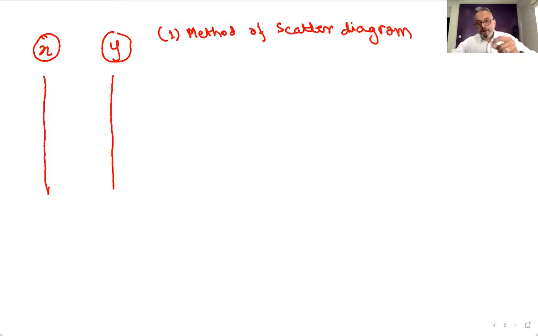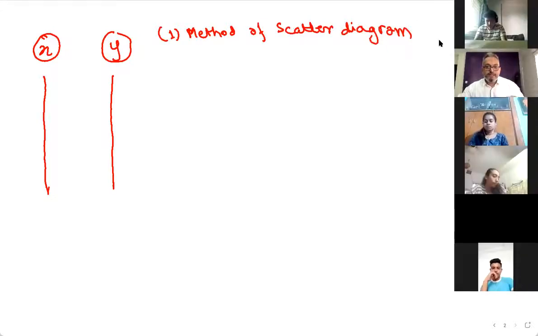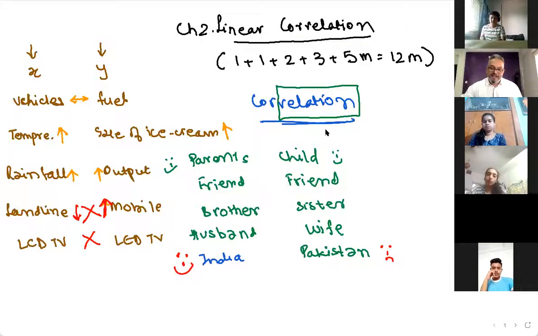Now, before I proceed with this method, I would like you all to write all these examples so that these concepts get imbibed in your mind and you understand correlation properly, because the chapter regression is connected with correlation. So correlation is the base chapter and the advanced chapter is regression.